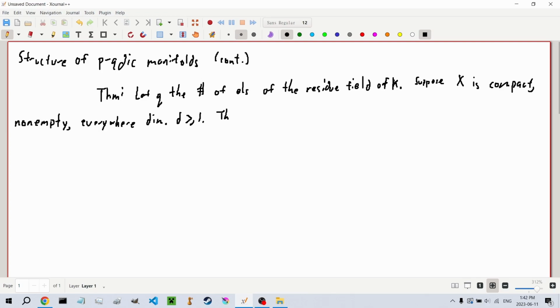Then, first off, X is the disjoint union of finite balls.